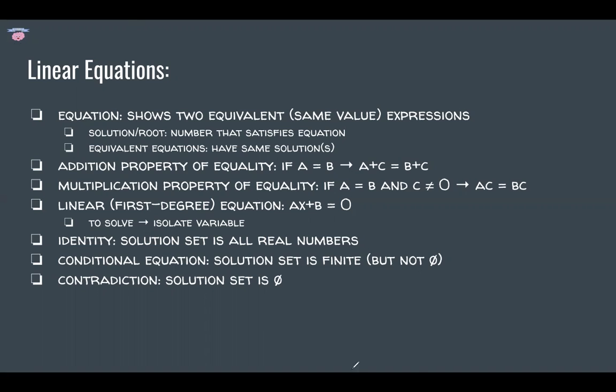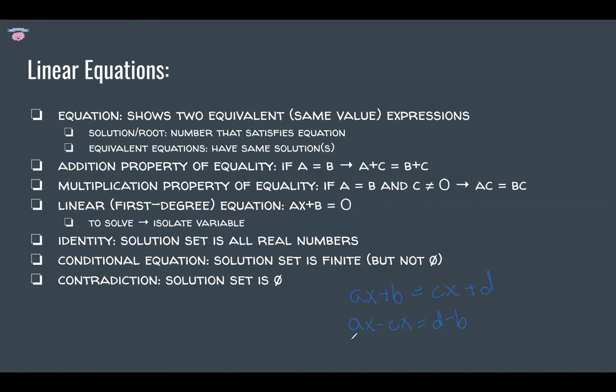Another type of linear equation that you might see is ax plus b is equal to cx plus d. This is also important because you need to know how to isolate the variables. Here, now you have to subtract cx. So you get ax minus cx, while subtracting b, is equal to d minus b.